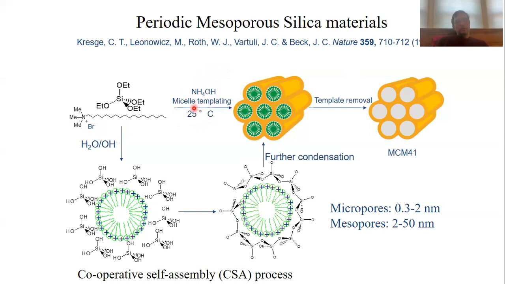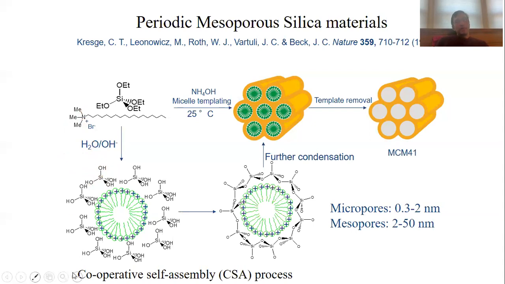So how can we understand the formation of a periodic mesoporous silica material? Well, in the first step, the tetraethoxysilane hydrolyzes, and we form silicic acid. Okay, and in basic solution, that silicic acid is partially deprotonated, and for that reason, there are Coulomb forces between the deprotonated silicic acid species and the cationic template.